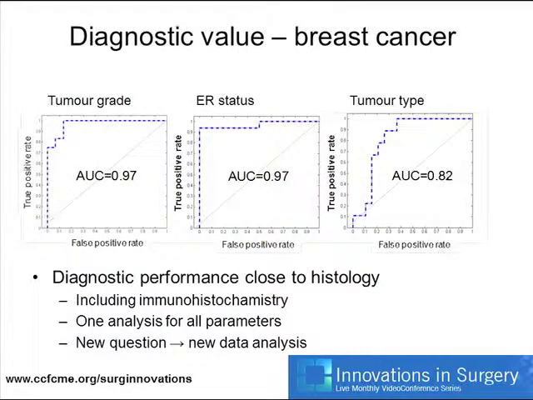What we're seeing is reasonable diagnostic performance of this device, at least in breast tissue, and we're able to not just distinguish tumour type, but the estrogen receptor status and the tumour grade with a reasonable performance there on the area under the curve on the ROC curve analysis. So the diagnostic performance is close to histology.